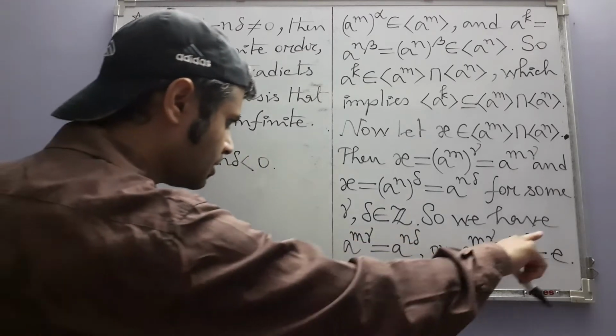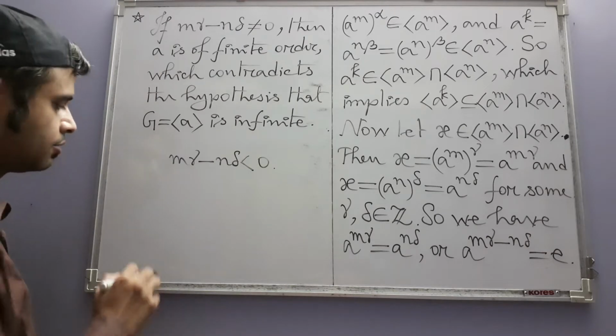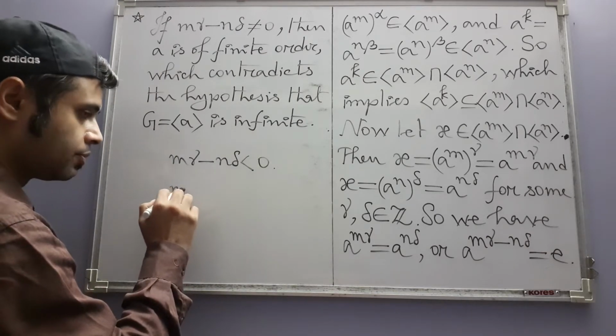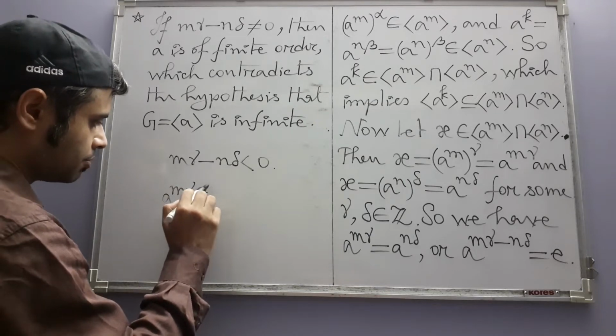On the other hand, if this is negative, then from this equation you can write another equation which you get by taking inverse on both sides.